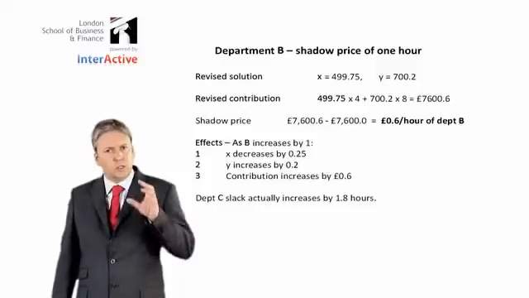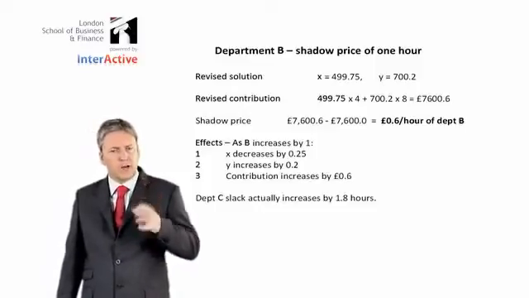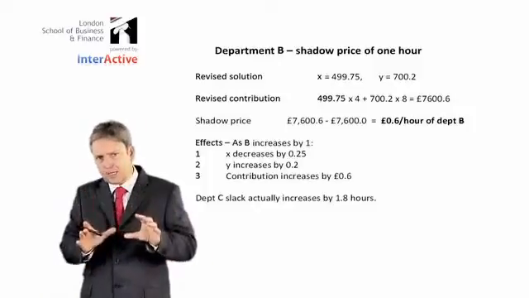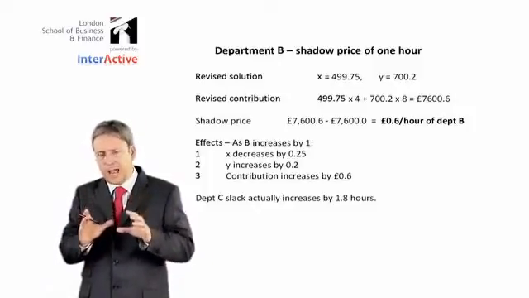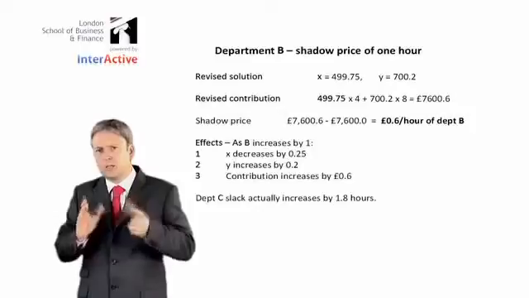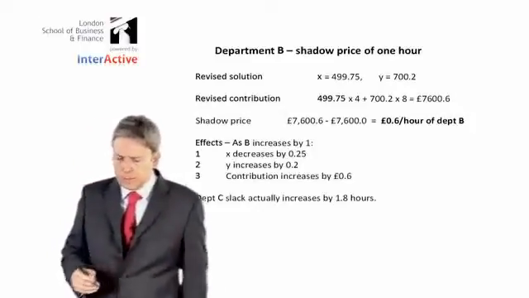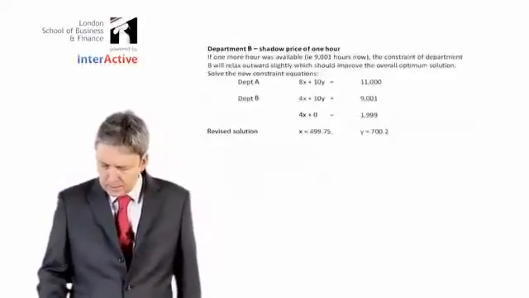Now, there are always good marks in this particular area, so be able to calculate the shadow price. I think if you practice these both yourself again, it will make a lot more sense than just watching me do it.